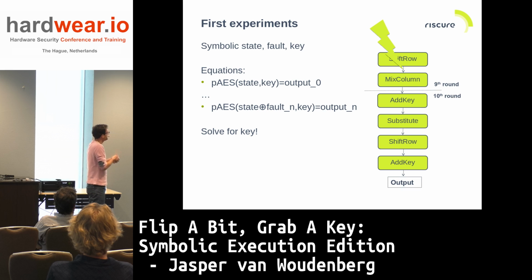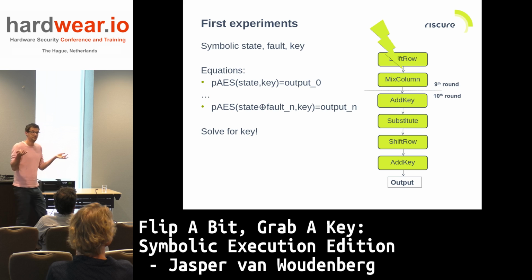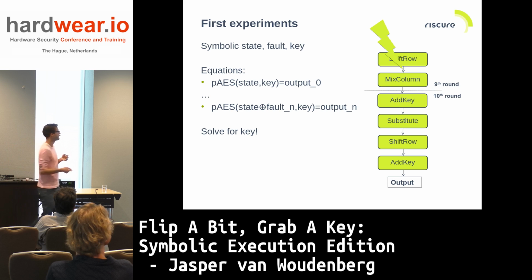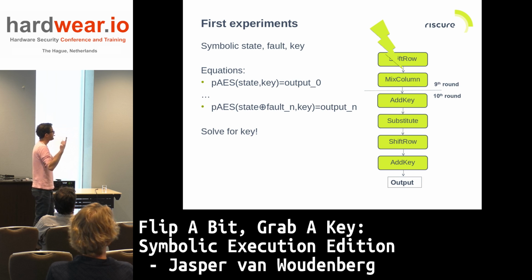So the outcome of this, if I run it through a symbolic solver, is that I run the partial AES using this symbolic state and a key. And then I get a symbolic output, which is basically an equation that involves the state and the key and the output and relates them together. Now I'm going to start faulting this.